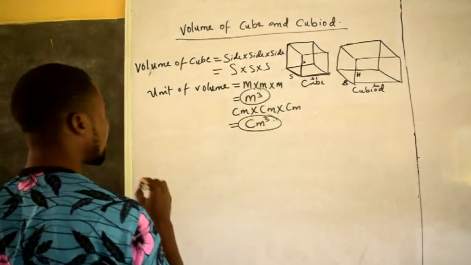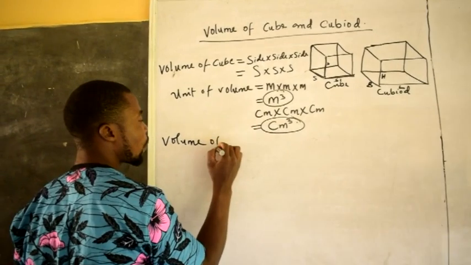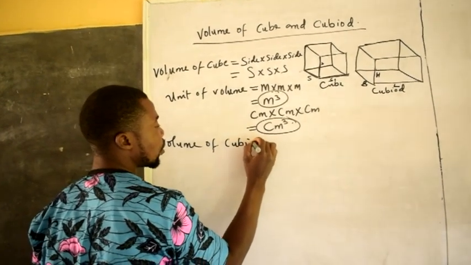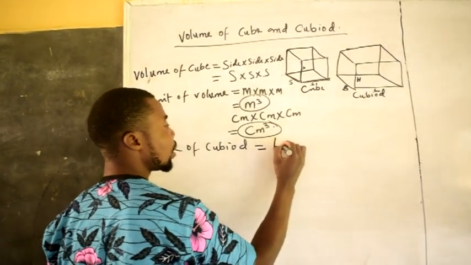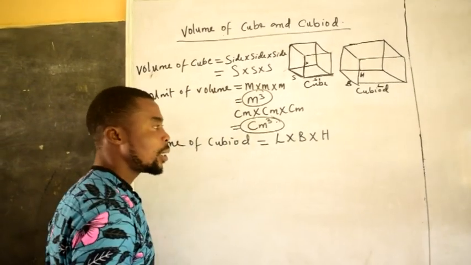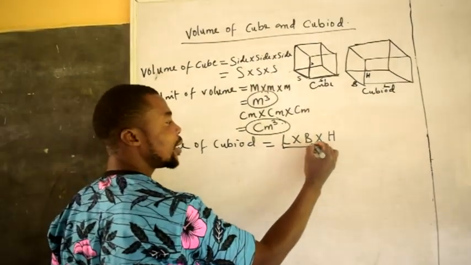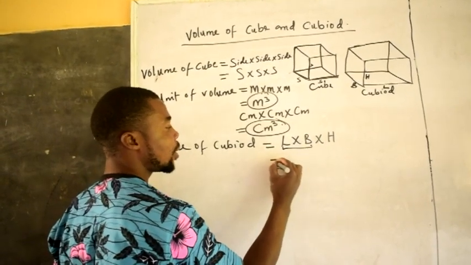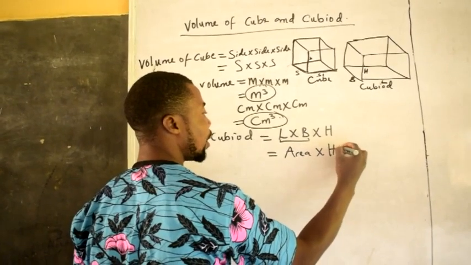And for the volume of a cuboid, we have length times breadth times height. In other words, length times breadth is the same thing as area, so the volume is area times height.